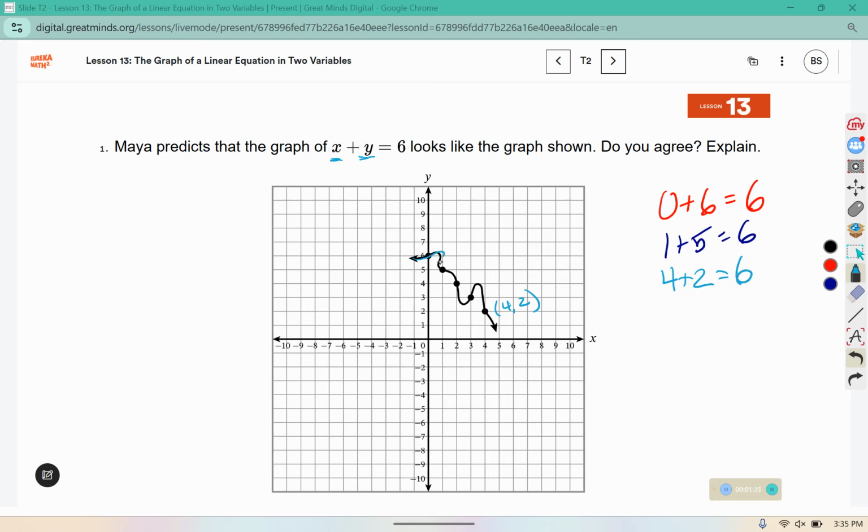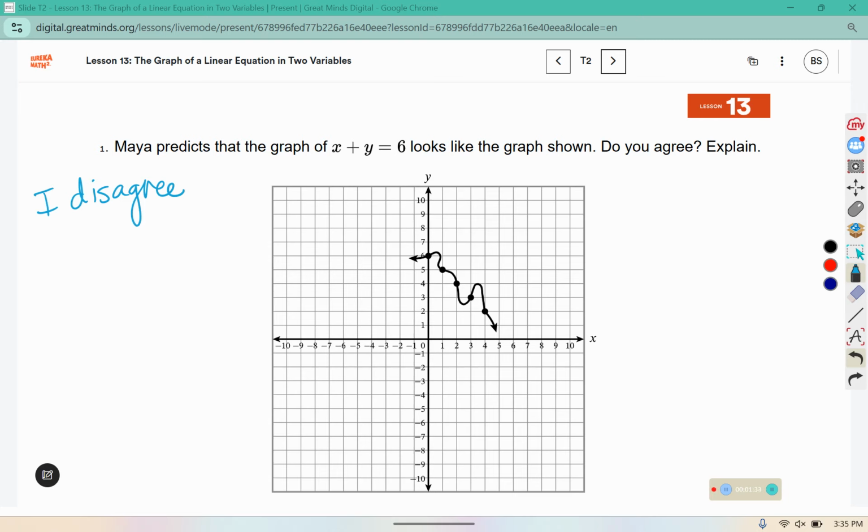But do we think that the points are connected in a curve pattern? I disagree. Because I think that we could use halves to help us narrow this down even further.